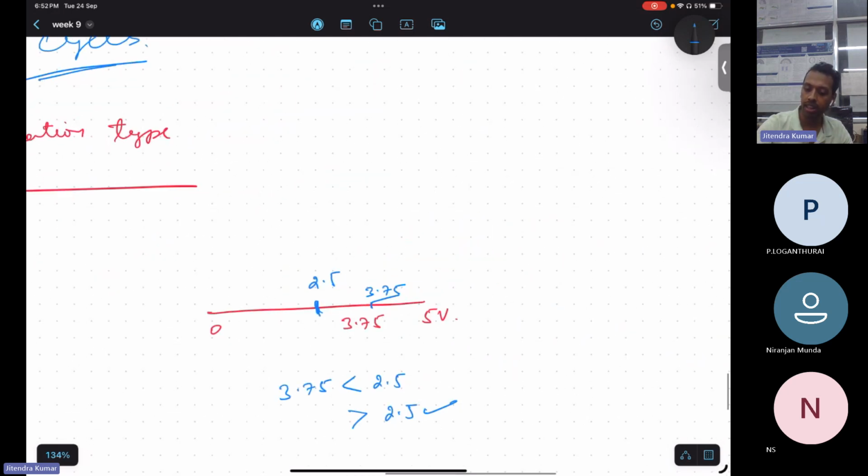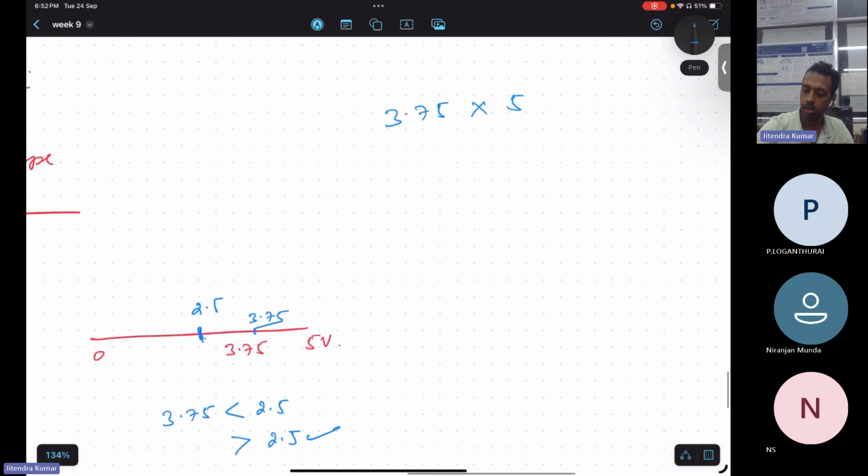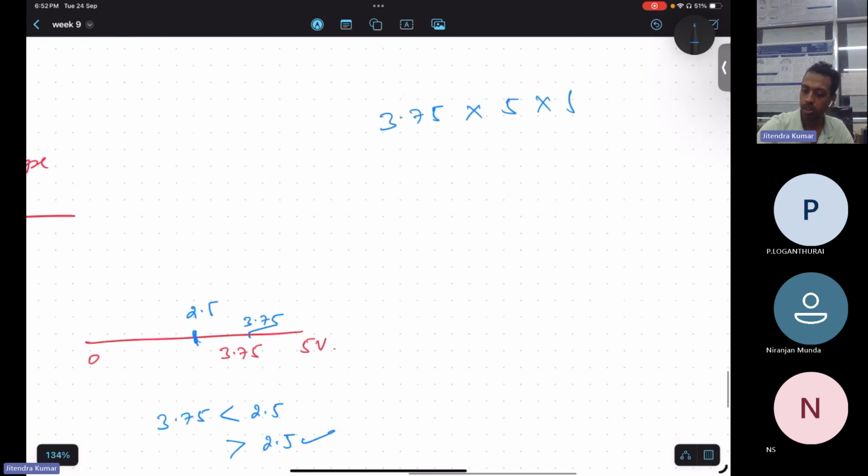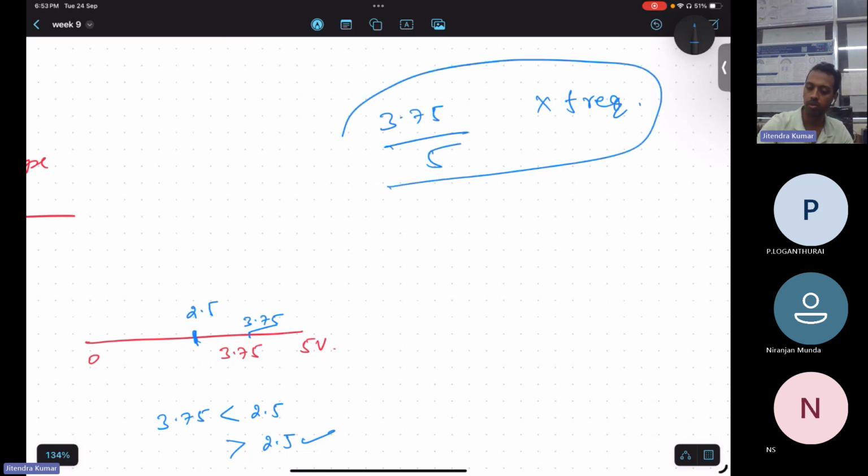It would have taken a number of cycles of 3.75 divided by 5 times the frequency. So this many clock pulses would have been required.